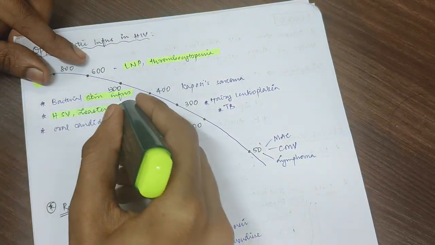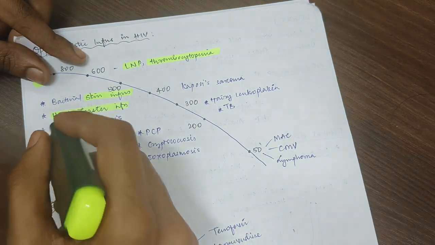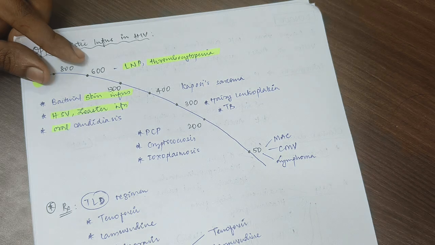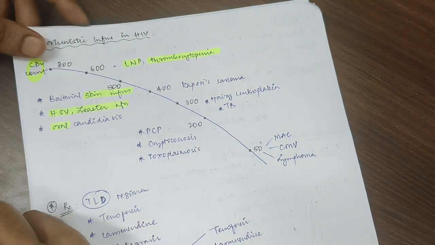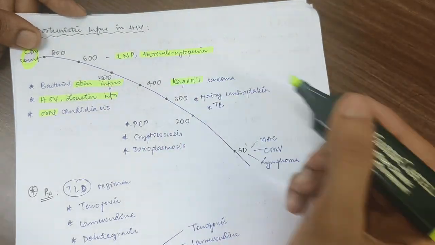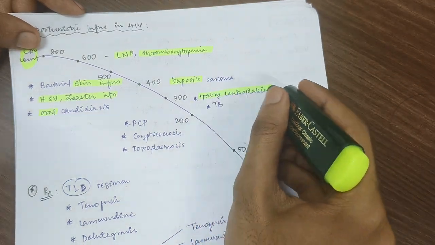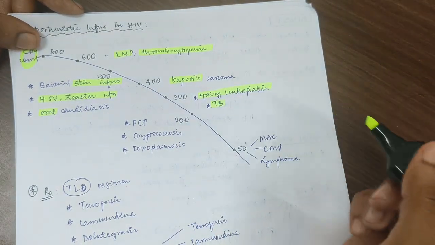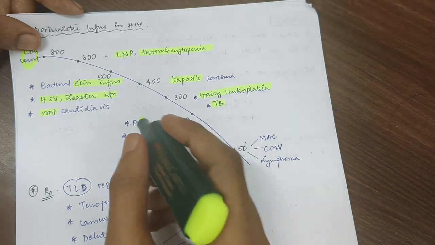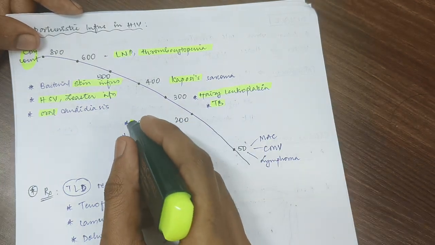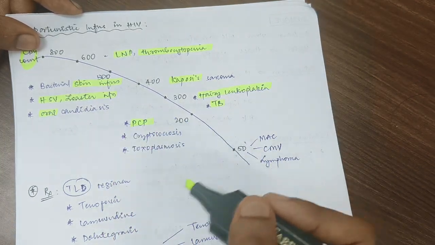Then HSV, zoster. These are all skin infections only. Again, oral candidiasis. At 400, Kaposi's sarcoma is very uniquely seen. At the 300 level, it is hairy leukoplakia and TB will start setting in. At 200, it is Pneumocystis pneumonia.